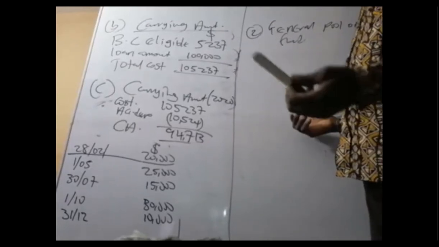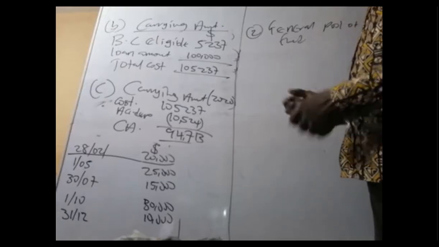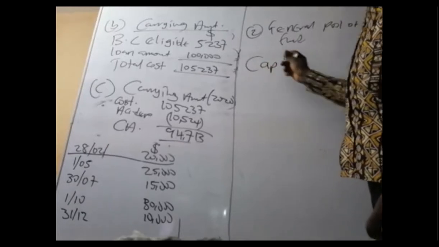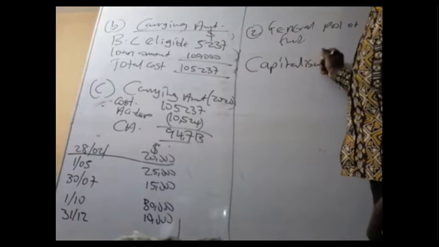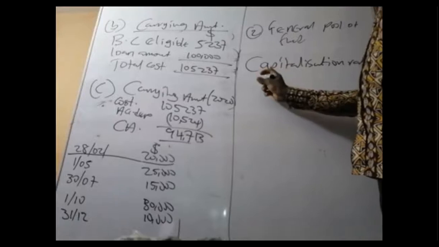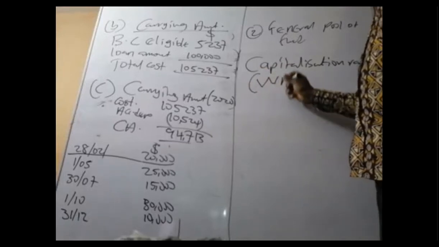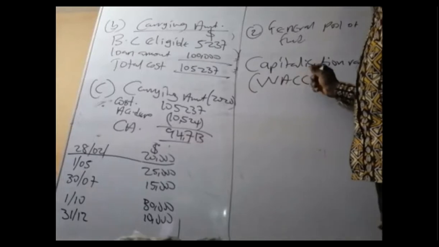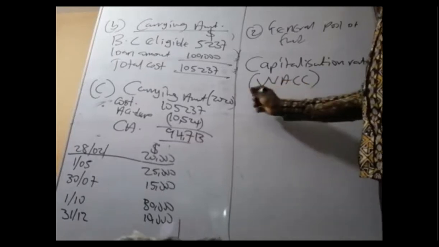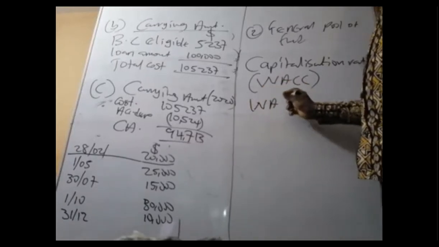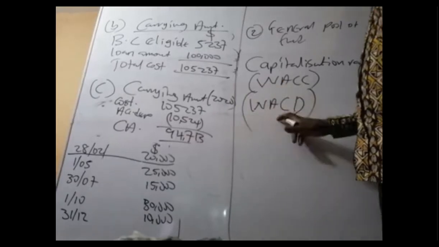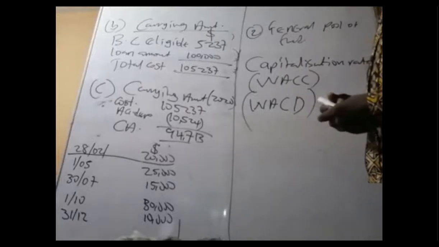The very first thing that you have to do is calculate the capitalization rate, which we normally call the weighted average cost of capital. Probably I feel okay calling it the weighted average cost of debt. I'll explain why I like weighted average cost of debt.